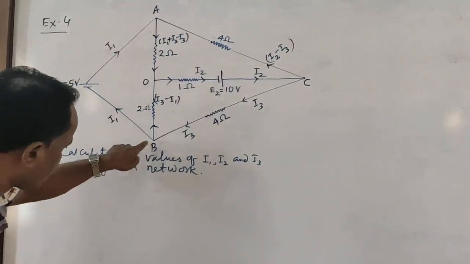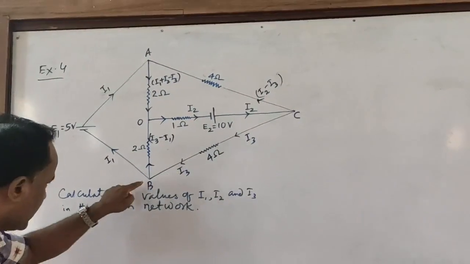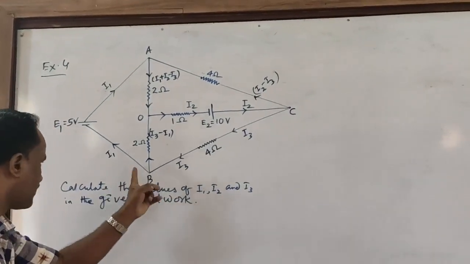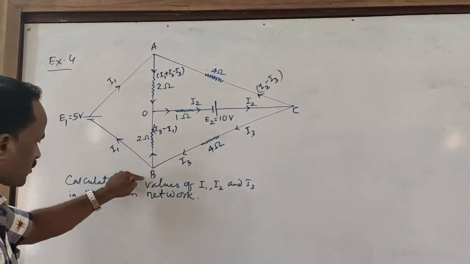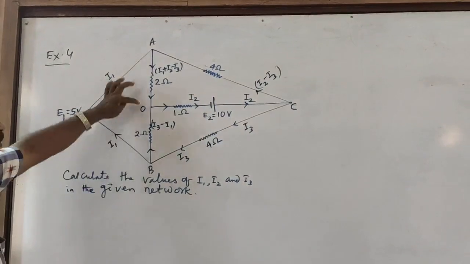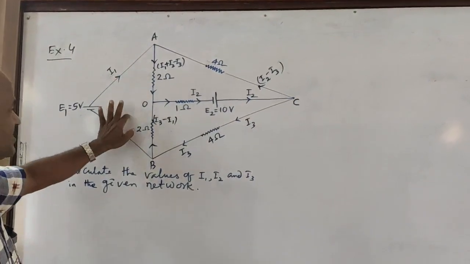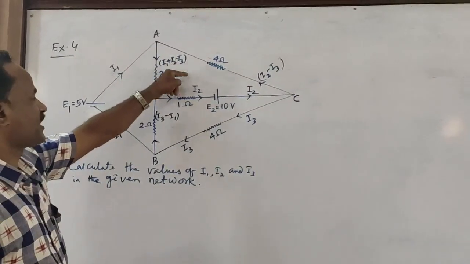At the junction point B, current I3 enters, out of which I1 returns to the same cell, and the remaining current flows in the branch from B to O across the 2 ohm resistor. So at the point O, the currents reaching are I3 minus I1 and I1 plus I2 minus I3.